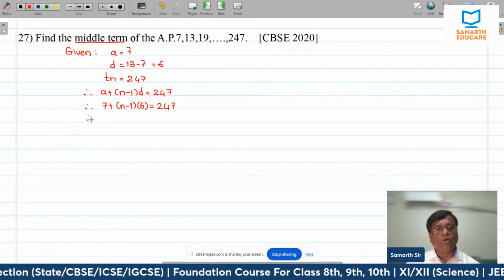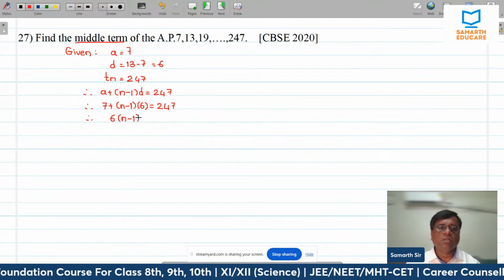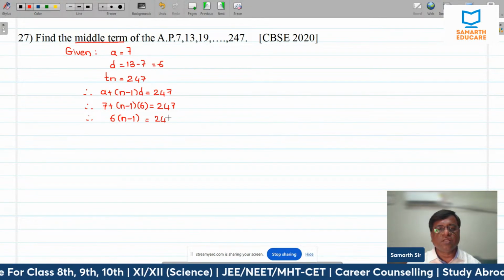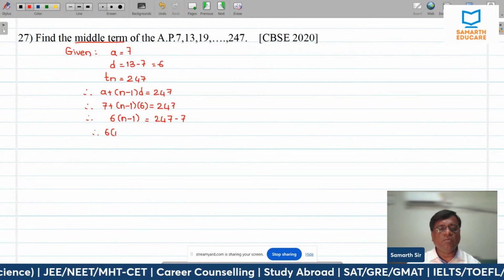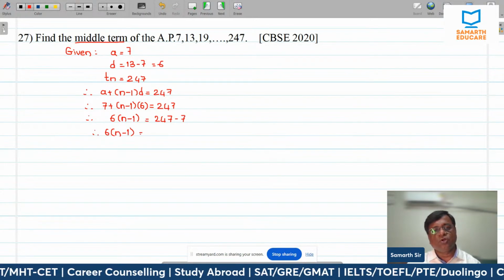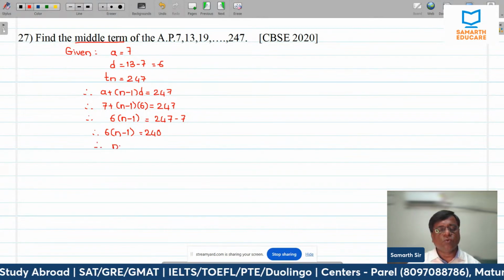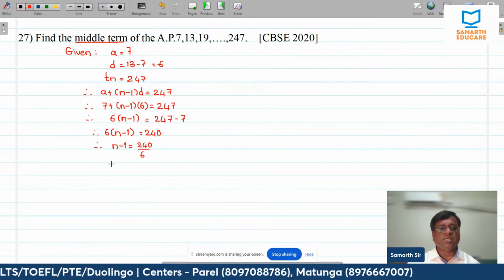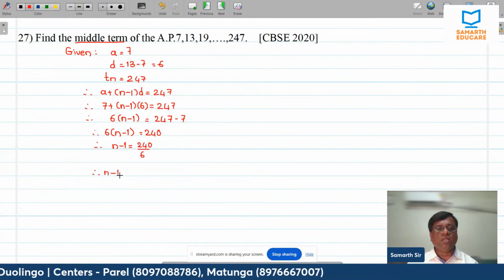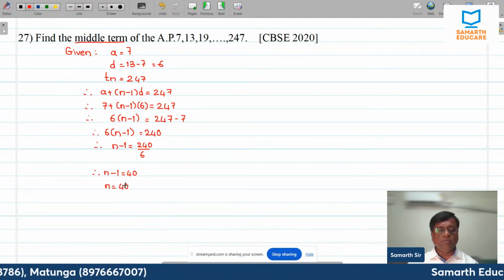As done earlier, 6 into n minus 1 is 247 minus 7. So I have 6 into n minus 1 is equal to 240. That means n minus 1 is 240 divided by 6, which is 40. n is equal to 40 plus 1, and that is equal to 41.